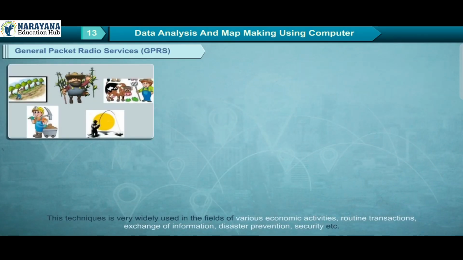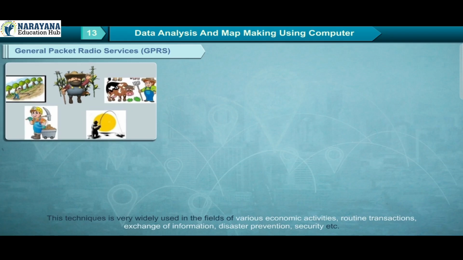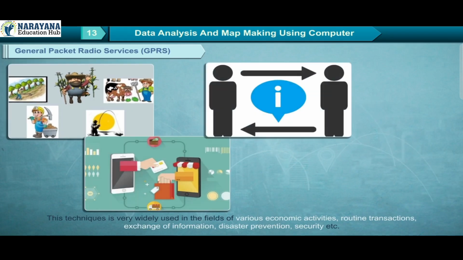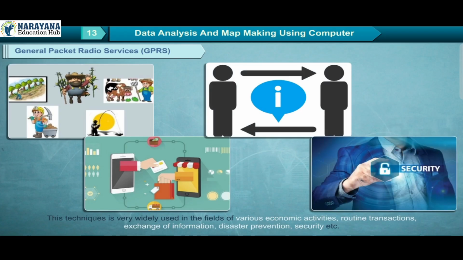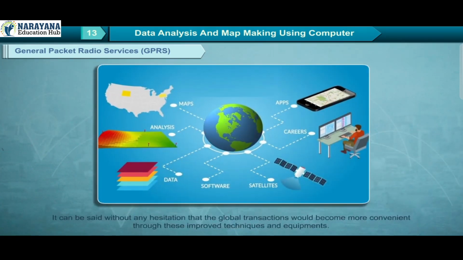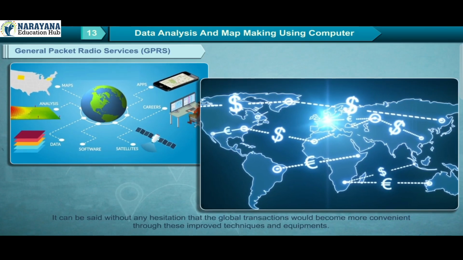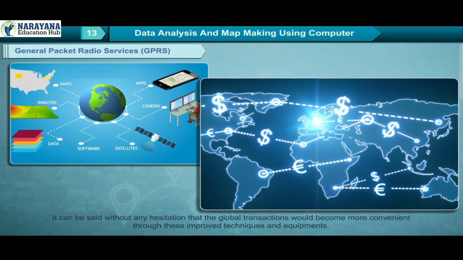This technique is very widely used in various fields of economic activities, routine transactions, exchange of information, disaster prevention, security, etc. It can be said without any hesitation that the global transactions would become more convenient through these improved techniques and equipments.